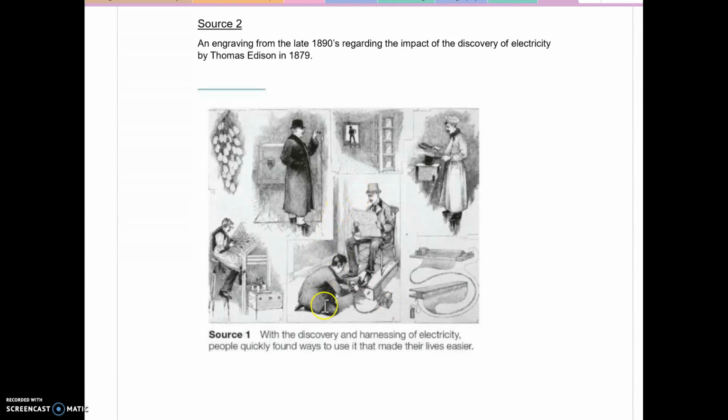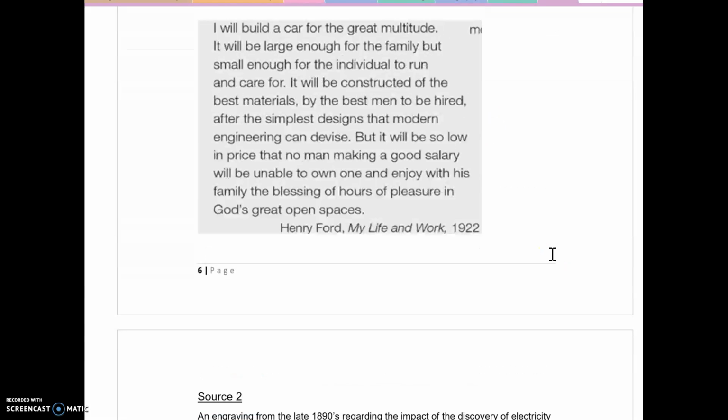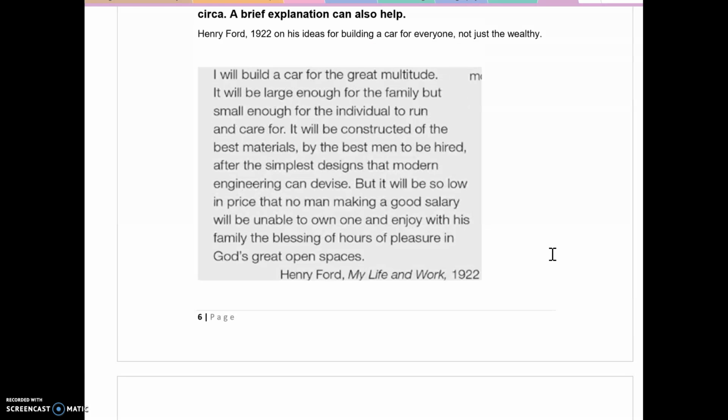This one is looking at people quickly finding ways that made their lives easier, and that helps us out there. The message will help as well, but you've got to find those similarities. So the common idea is that it's going to make life a lot easier.